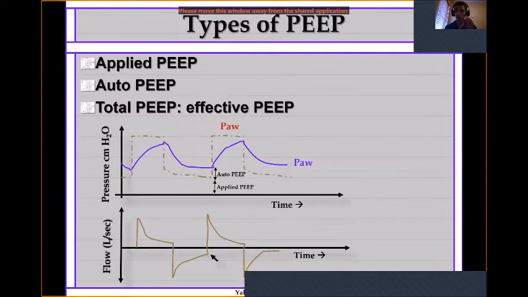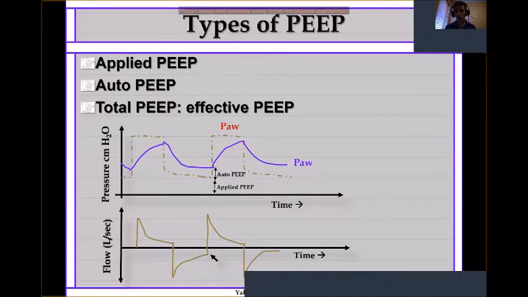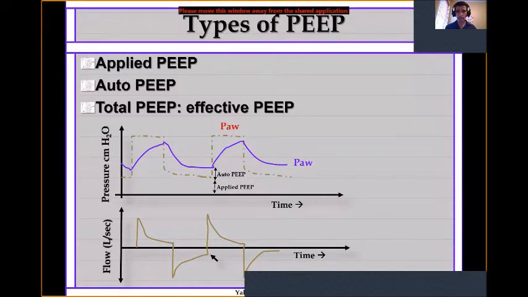There are many terms in PEEP. There is what we call applied PEEP, which is the pressure applied by the machine, and there is auto PEEP, and there is the total PEEP or effective PEEP. Now, if you look at this diagram, you see two lines, the blue line and the dotted line. The blue line represents the pressure in the alveoli, and the dotted line represents the pressure in the airway.